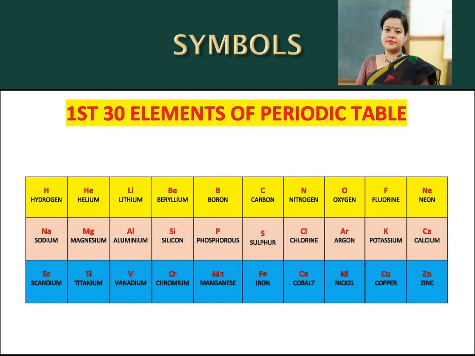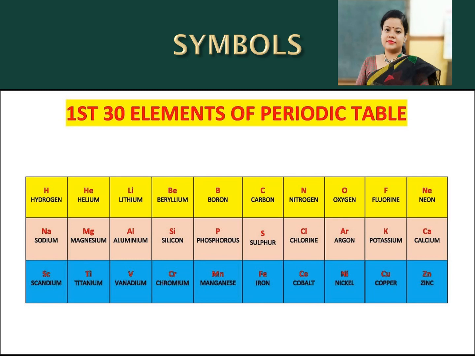Before you learn how to write down formulas of chemical compounds, it is important for you to know the symbols of the elements present in the periodic table. Here I have taken the first 30 elements present in the periodic table. What is a symbol? A symbol is the abbreviation of the name of the element.